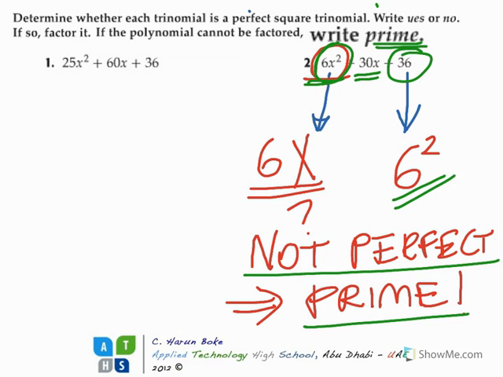So if the last and the first numbers are perfect square numbers, and if I can get the middle term by multiplying these two and by 2, then this is a perfect square trinomial. Otherwise, it's not a perfect square trinomial, then I cannot factor.